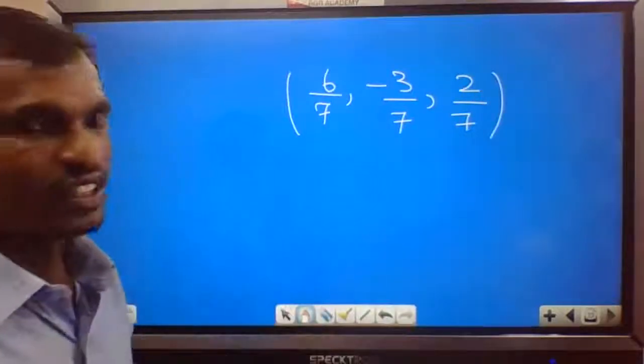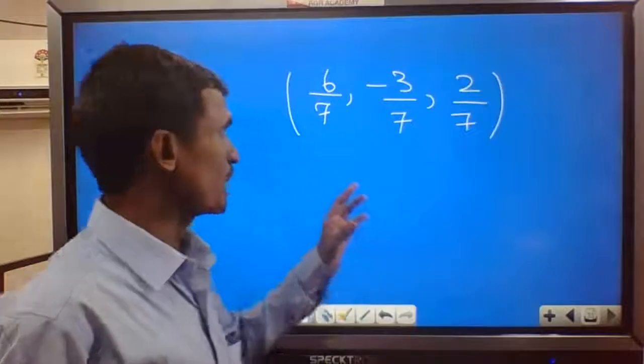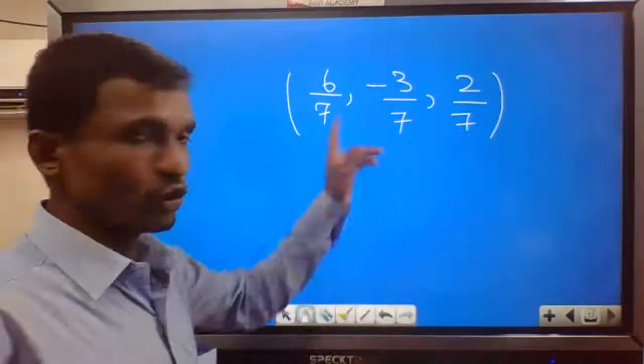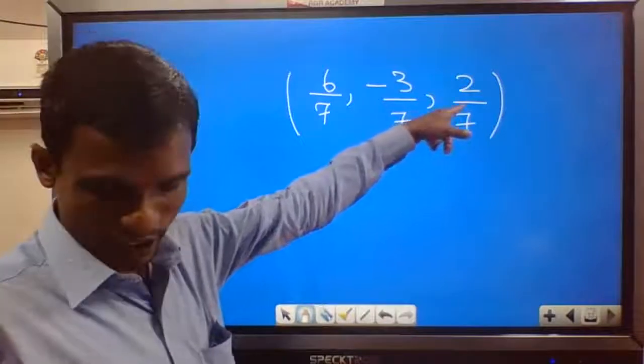Because here the three coordinates, what are the coordinates? x2 minus x1, y2 minus y1, z2 minus z1.